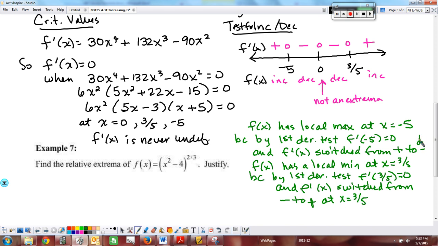And let's add that in here, at x equal to -5, because it's got to switch at that point. Okay. Done with that one.